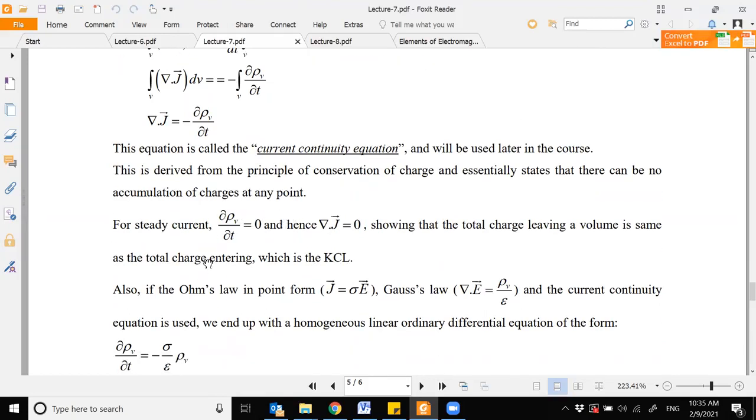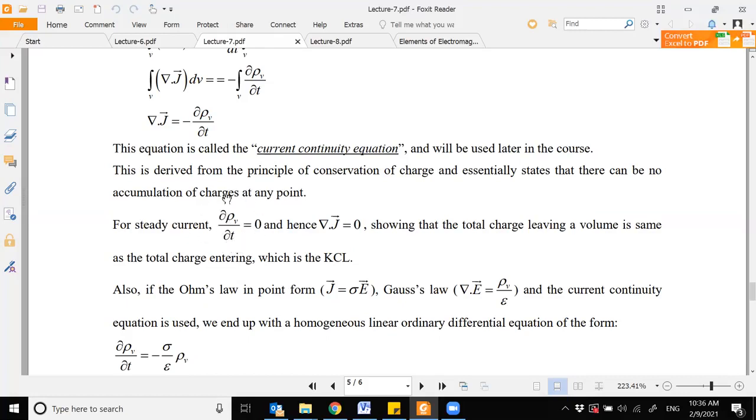For a steady current, this differentiation becomes 0, right?